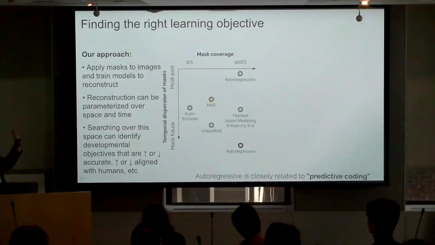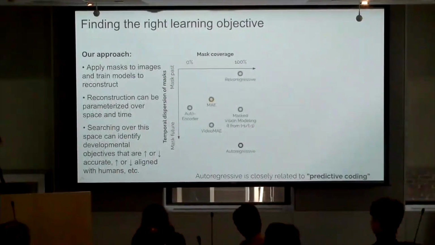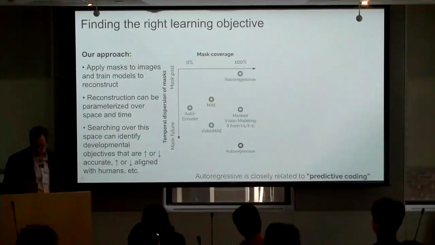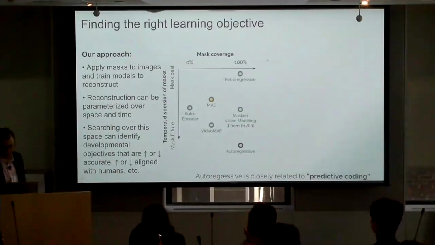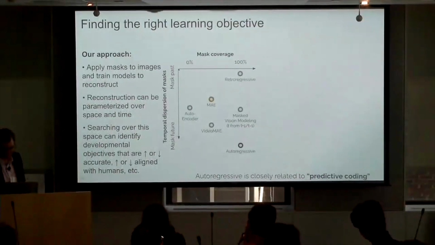The general approach will be using versions of masked autoencoders, so we'll hide part of an image to try to reconstruct what's happening underneath, and we're going to be doing that over space and time. There are two dimensions here that matter: the first one is the mask coverage, and the other one is the temporal dispersion of masks.